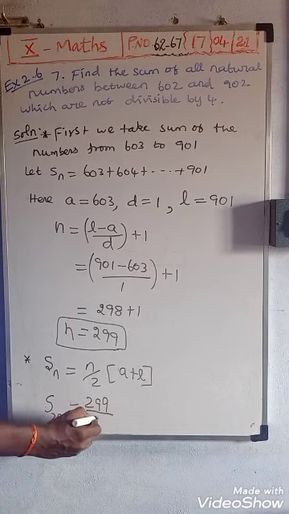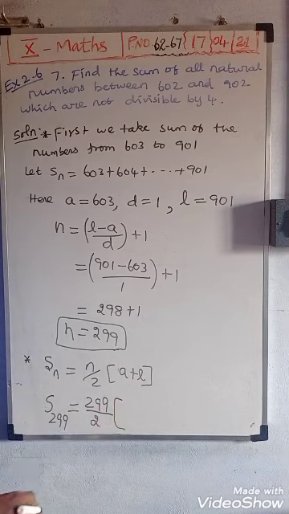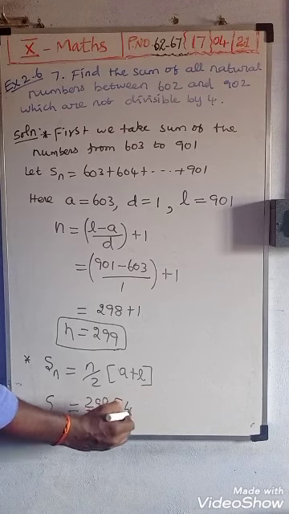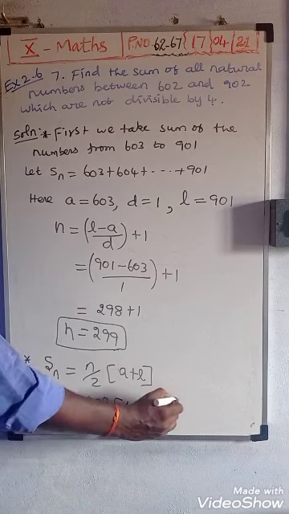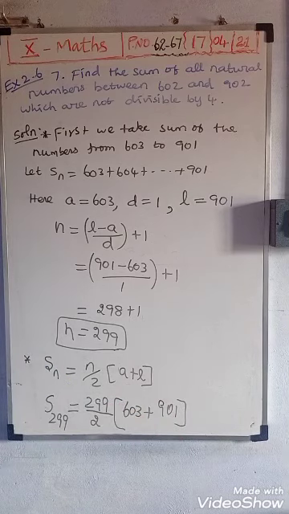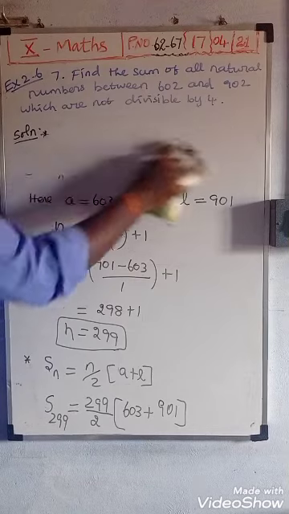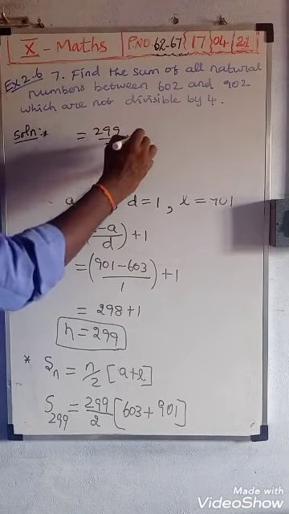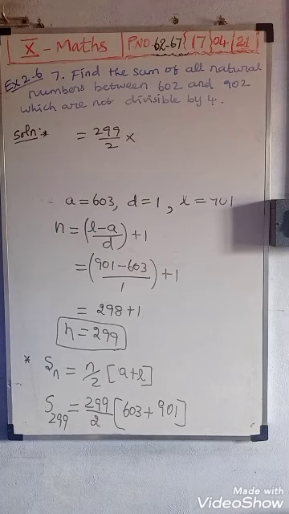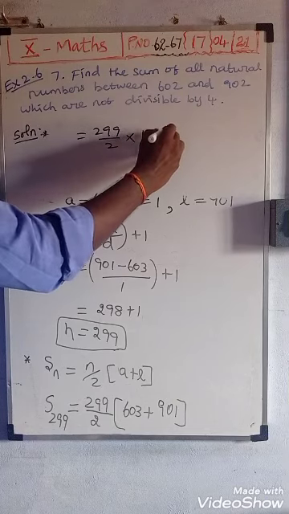So 299 terms should be added. What is the answer? You see, 299 by 2 of (a is 603 plus L, the last term, is 901). We cannot cancel 299, so write it as it is, 299 by 2 into this. Adding, we will receive 1504.